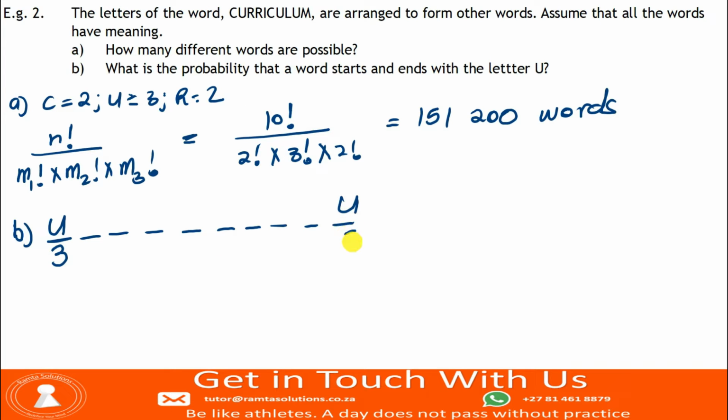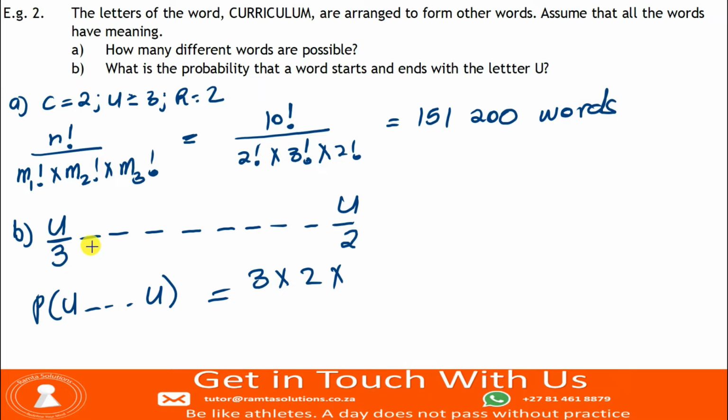You take another U, so in other words, for this you have 2 U's, so you are only left with 1 U here. Now, the probability that you start with a U and then end with a U would be, let's see, you have 3 times this 2 times, be careful.